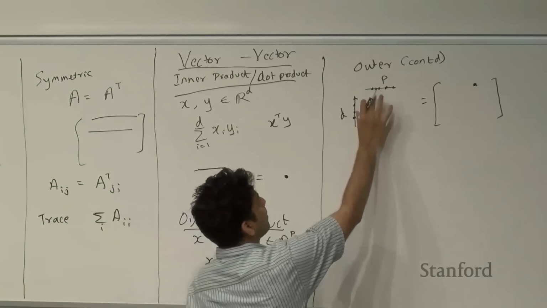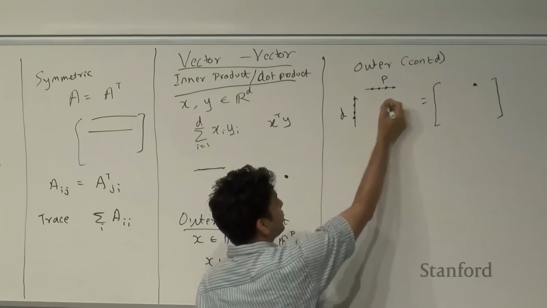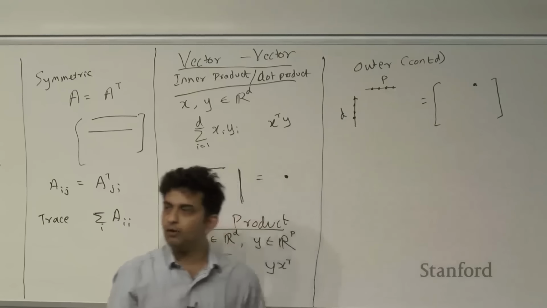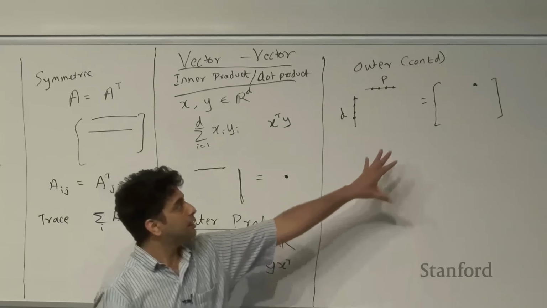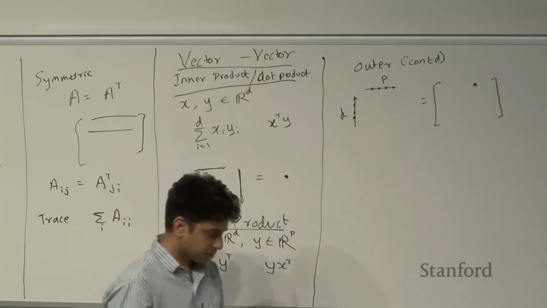You pick the ith element from this vector, the jth element from this vector, multiply them, and that becomes the ij element of the matrix. So for the outer product, you don't need the vectors to have the same dimension.